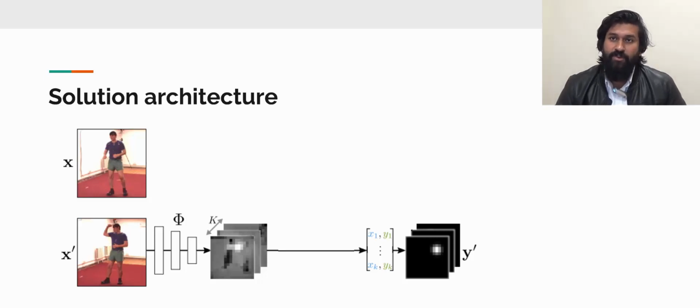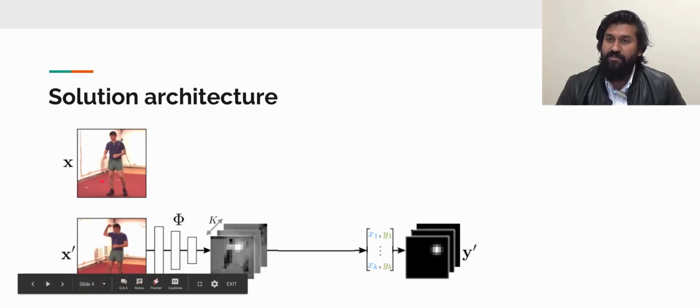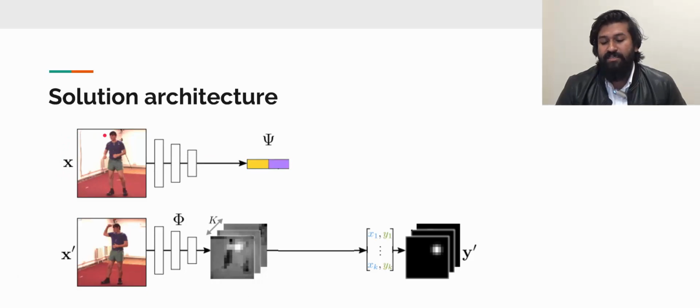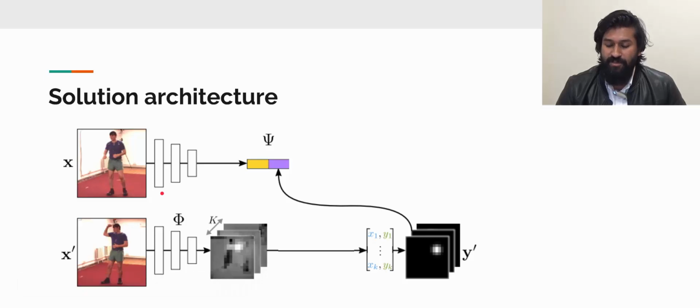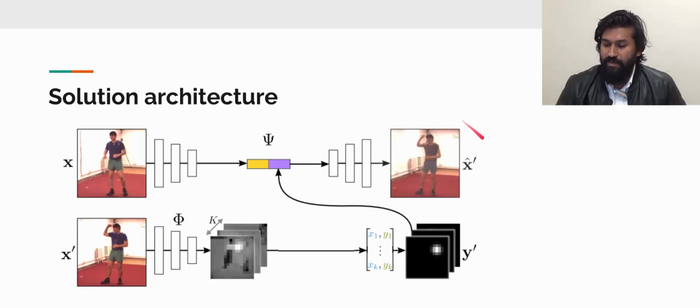Next, what they are going to do is extract some features from the source image. They are extracting some features with a deep neural network, and after that they are going to stack the Gaussian heat maps with the features extracted from the source image. Finally, another deep neural network has been used to reconstruct the target image.